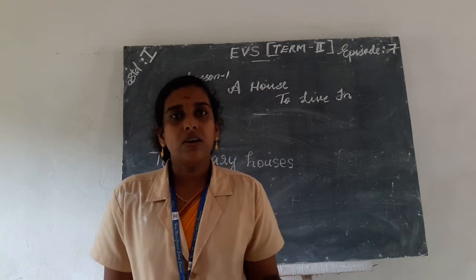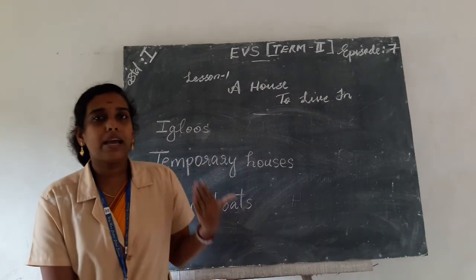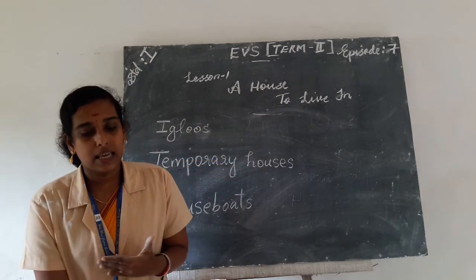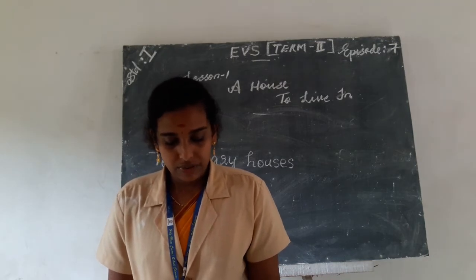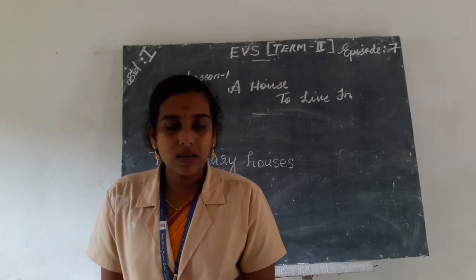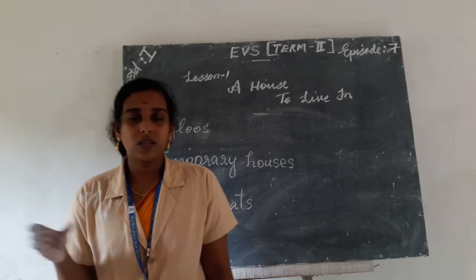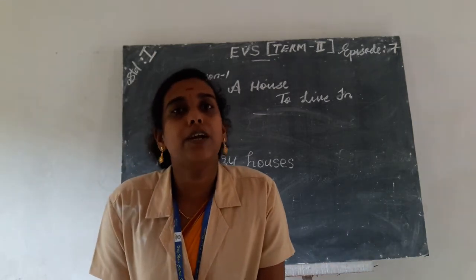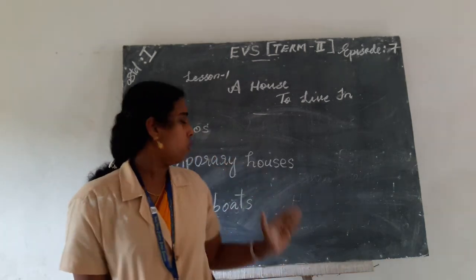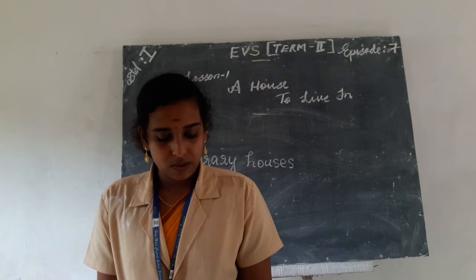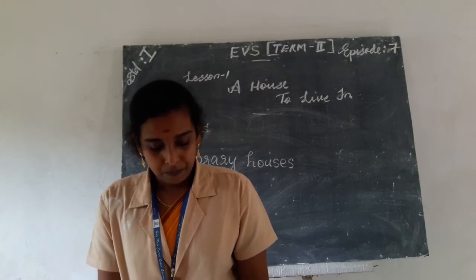And early man lived in caves. And houses made with blocks of ice are called igloos, I-G-L-O-O. And also we studied about Pakka houses and Kacha houses.